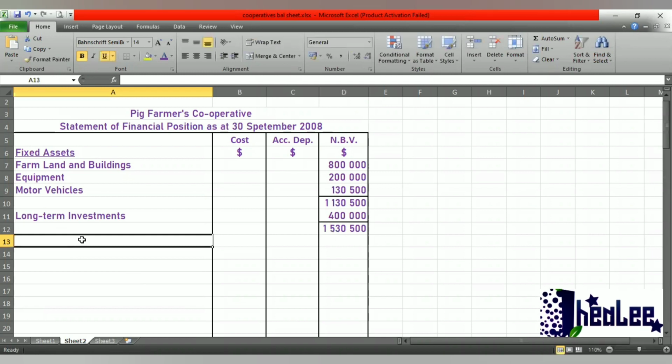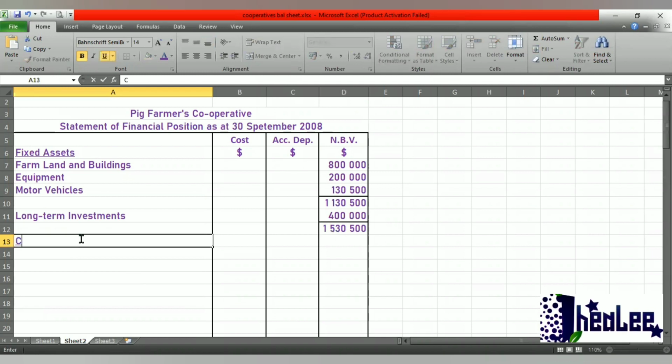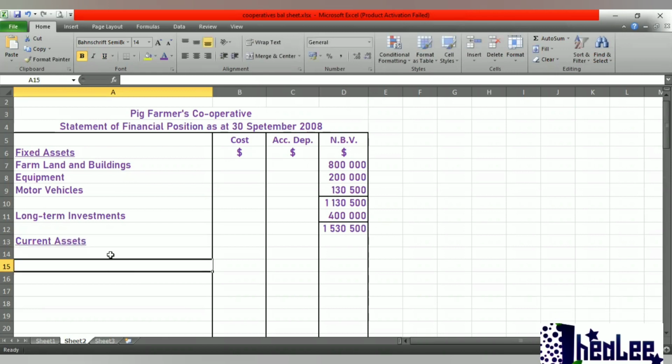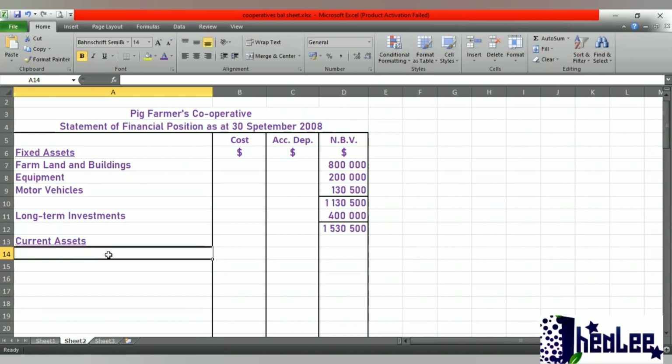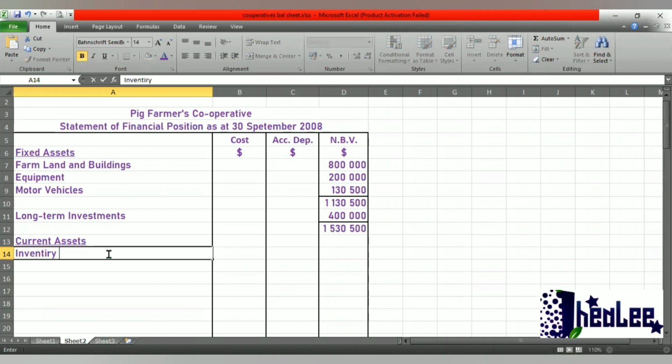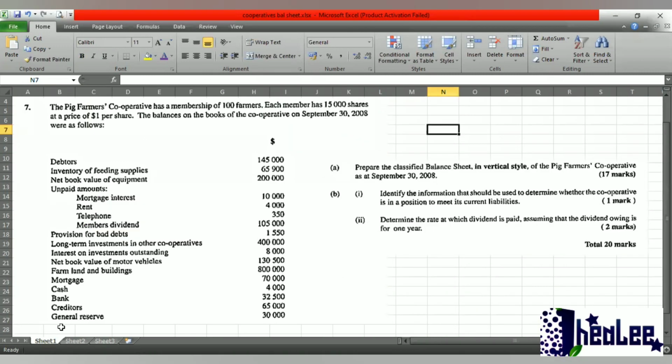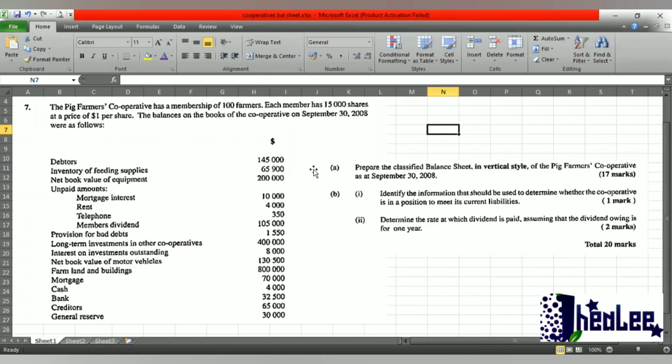Next, we're going to move into entering our current assets. So we're going to pick up all our current assets there. And the first one coming from the question is the inventory of farm supplies. The value for the inventory of farm supplies is 65,900.